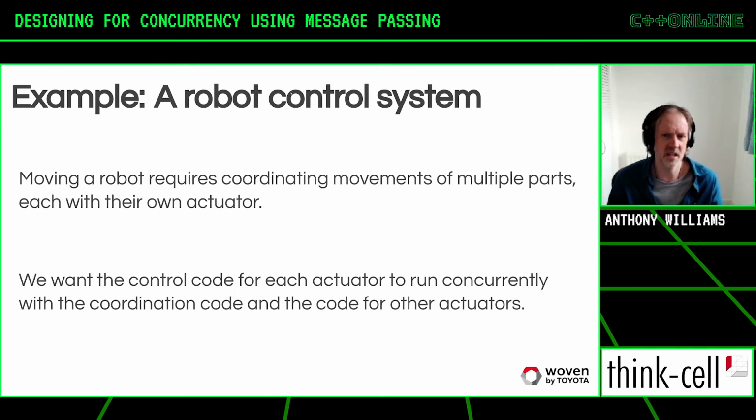They're all coordinating. We want the control code for this to run on a single thing, but multi-threaded, so that each actuator has its own little handler and microservice, running concurrently with the coordination code and concurrently with any control code for the other actuators.